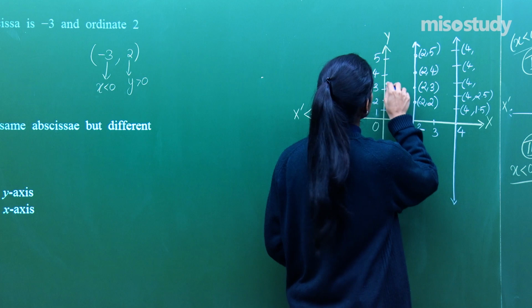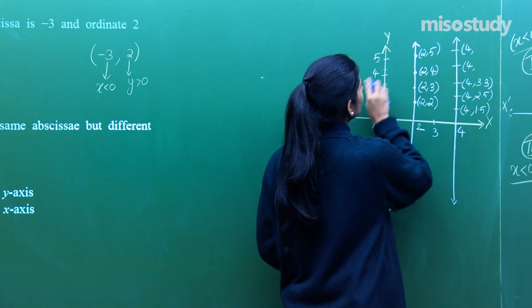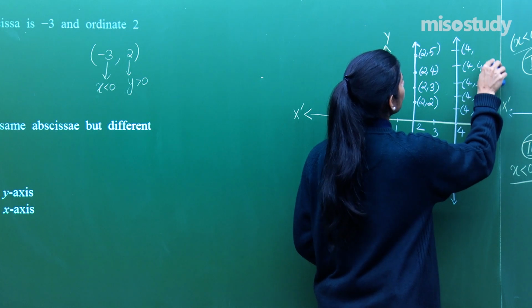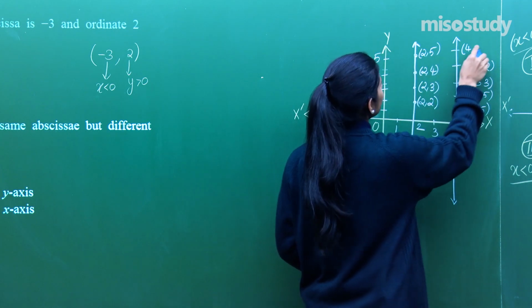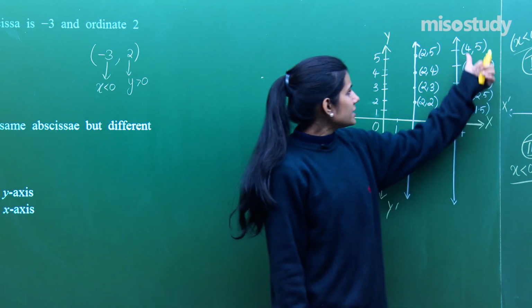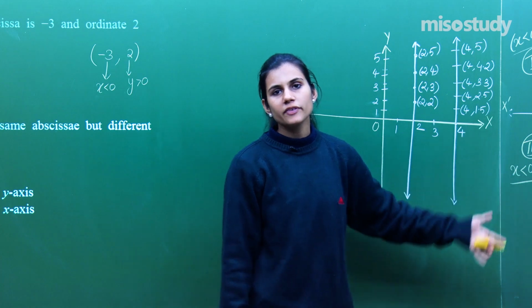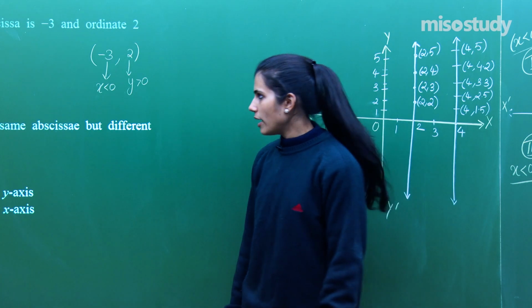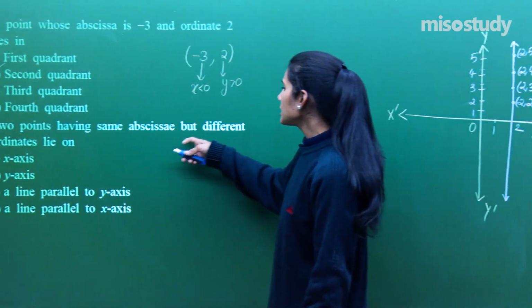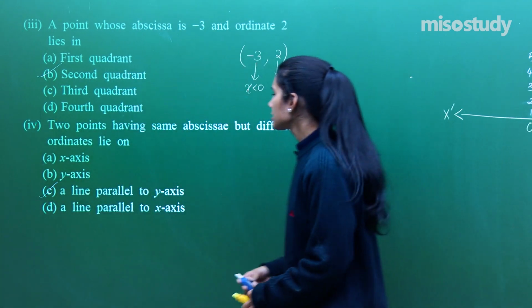This one is say 3.3, here it is say 4.2, and this is say 5 itself, so 4, 5. So you can see that points have same x coordinate but different y coordinates only when they are lying on a line parallel to y-axis. So 2 points having same abscissa but different ordinates lie on a line parallel to y-axis.